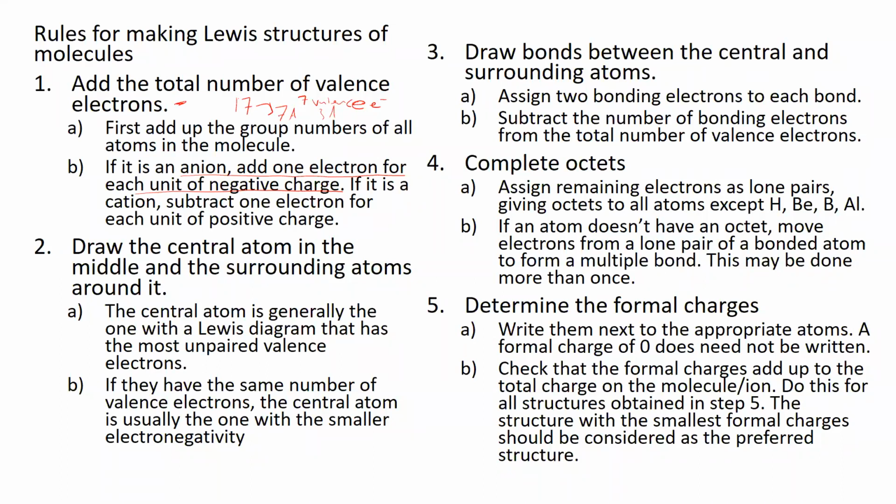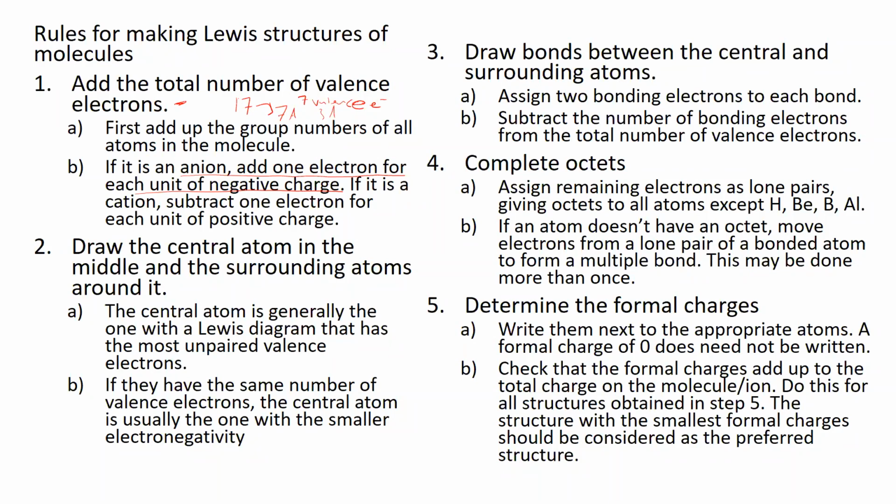If it's a +1, you remove 1 electron; if it's a +2, you remove 2 electrons; if it's a +3, you remove 3 electrons, etc. Okay, that's the first thing.